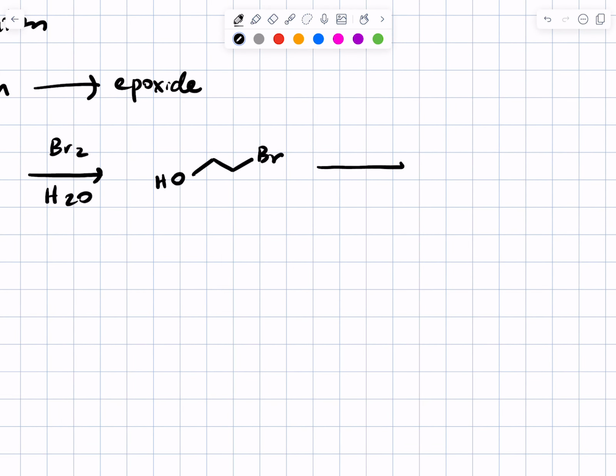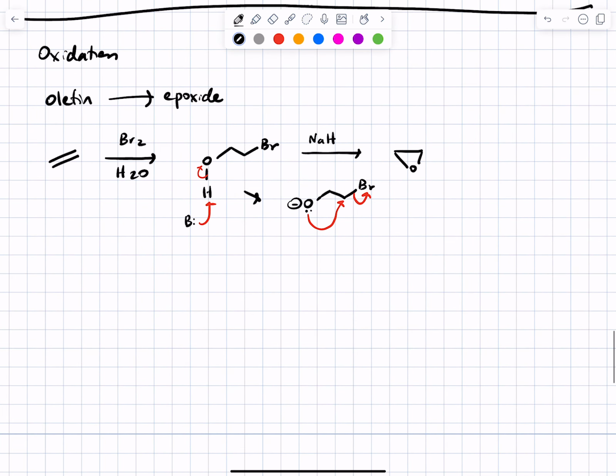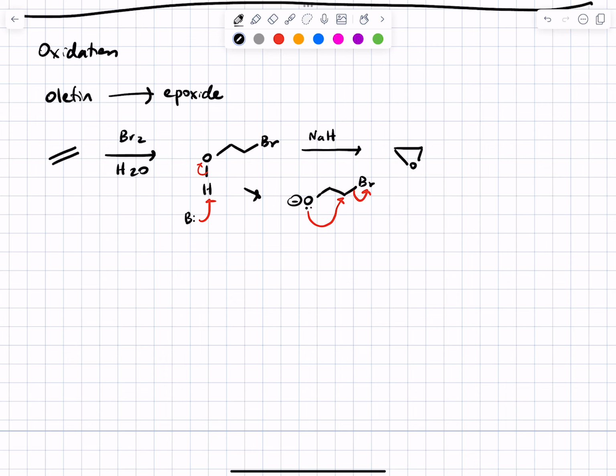Then I believe we mentioned before that if you use sodium hydride as a base, you can remove the proton from the oxygen. That creates a nucleophile in the same molecule as you have a leaving group, and then the nucleophile can attack, the leaving group leaves, the ring snaps shut, and we make an epoxide. So that's a two-step reaction sequence.